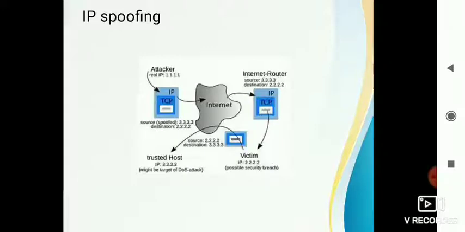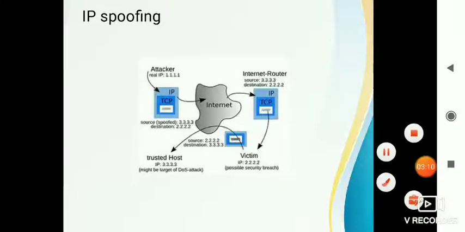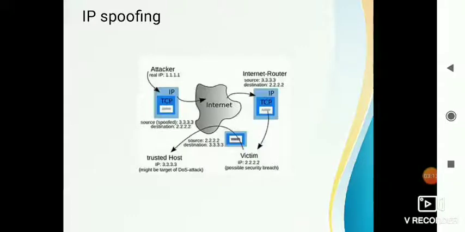When the receiver responds to the information sent by the attacker, it will be sent to the fake IP address, unless the attacker redirects the information to the original IP address. In short, the attacker fakes itself as the host in order to gain information from the victim or the receiver.